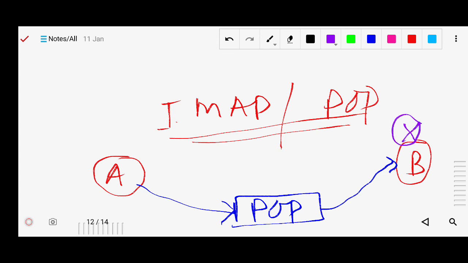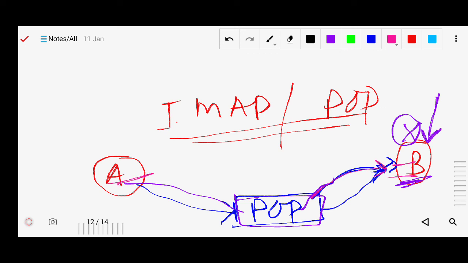In this case the data will remain on this POP server, and whenever B comes online, the data will be transferred and given to B. Understood? It is not needed that A and B must be online at the same time. If B is not online, the data will be saved in the POP server, and when B comes online, it will be sent. So that's the difference between these two.